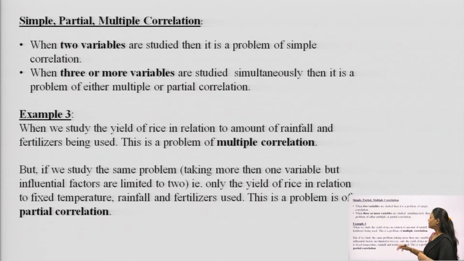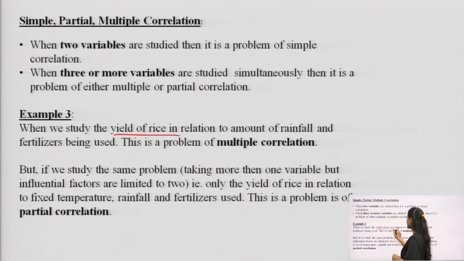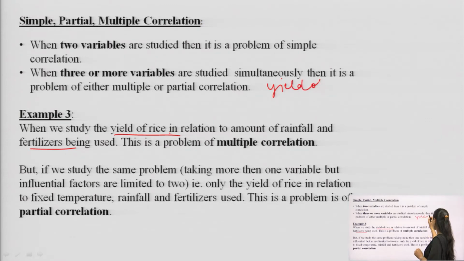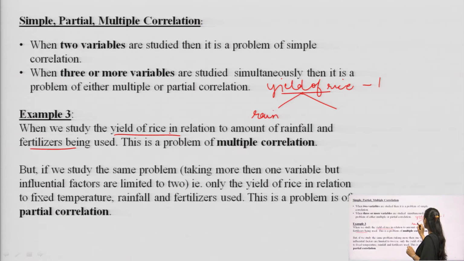For example, when we study the yield of rice in relation to the amount of rainfall and fertilizer being used. That means yield of rice on one side, and we are talking about two more factors for yield of rice. One is rainfall and the other is fertilizer.